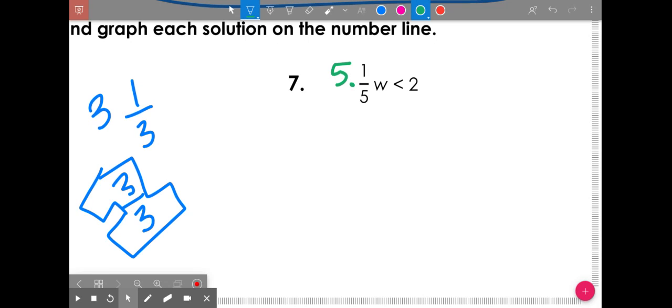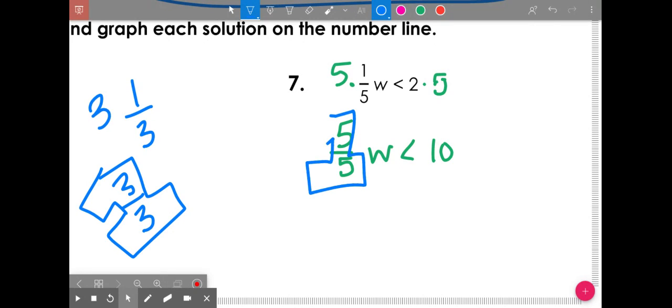And if we multiply by 5 on the left, we have to multiply by 5 on the right. So this gives me a 5/5. W is less than 10. Now, the magical part is that 5/5, just like 3/3, is 1. 1 times W is W. So my W has to be less than 10.